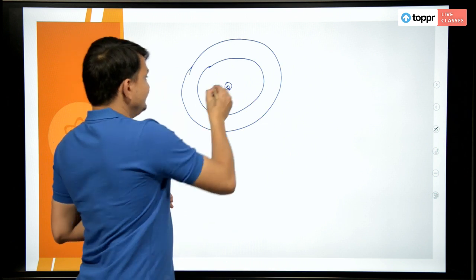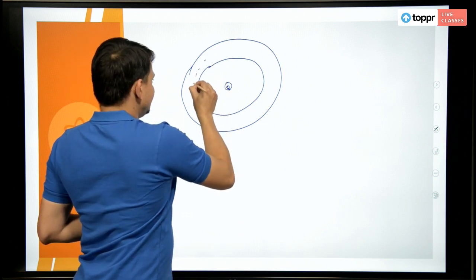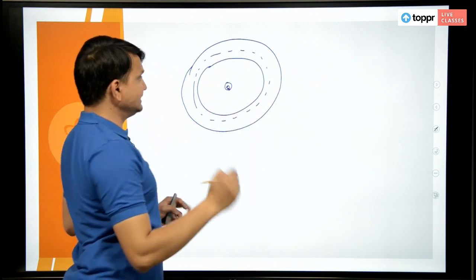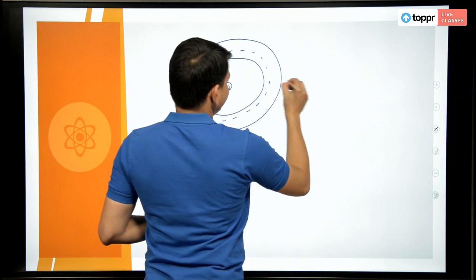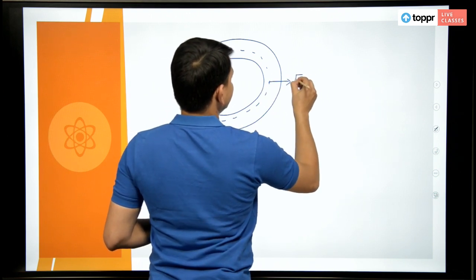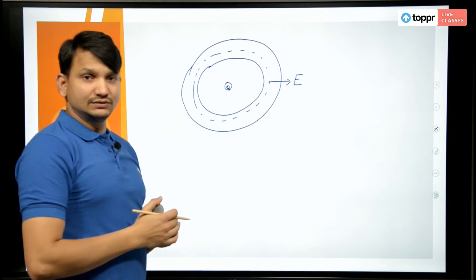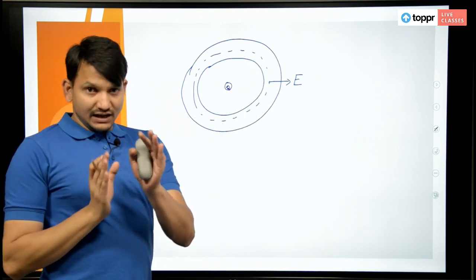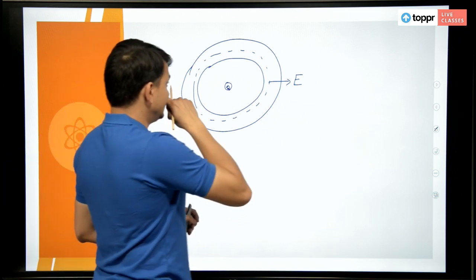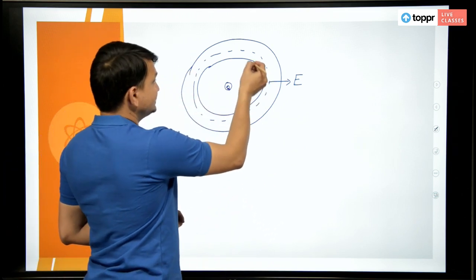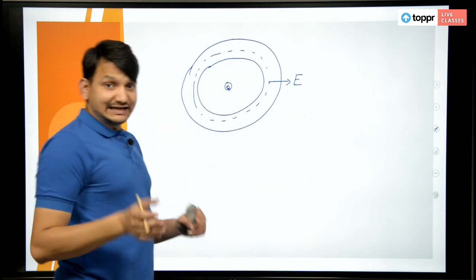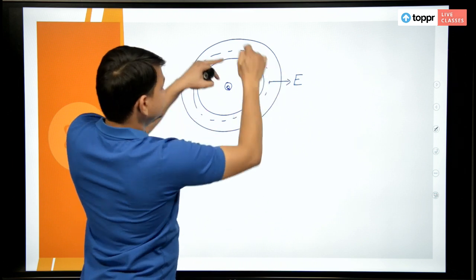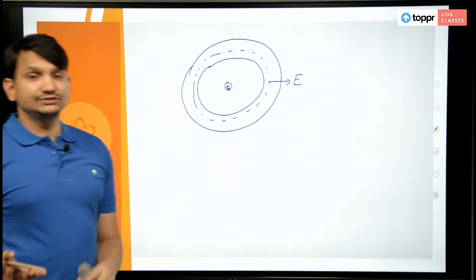So, if I consider this Gaussian surface as this dotted line, there is definitely an electric field E, because there is a charge Q. But as I told you, through the metal bulk there is no electric field possible. Then there must be some charge here that is cancelling it out, meaning inside this Gaussian surface the net charge should be 0.